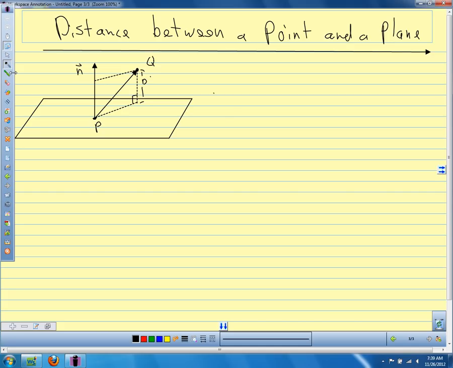Perfect. The distance d is the magnitude of the projection of PQ onto our normal vector. This distance is d here, this distance is d here. So this little piece here is the projection. If I make a vector here, that vector from P to where my projection hits our normal vector is the projection onto N of PQ.